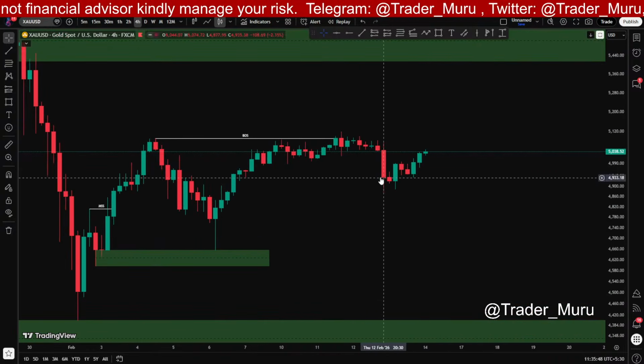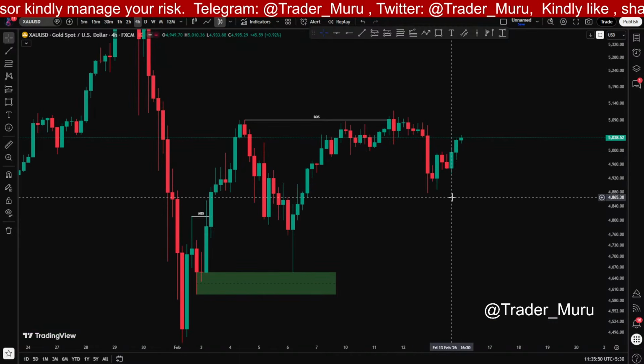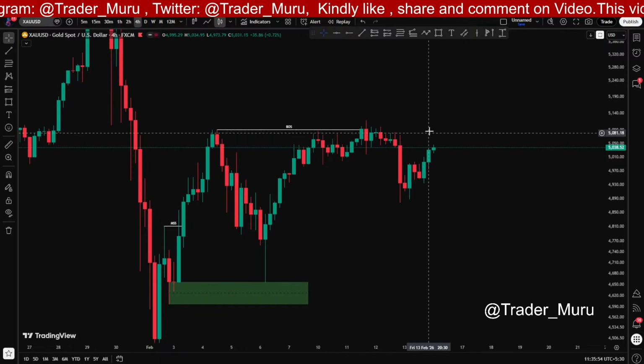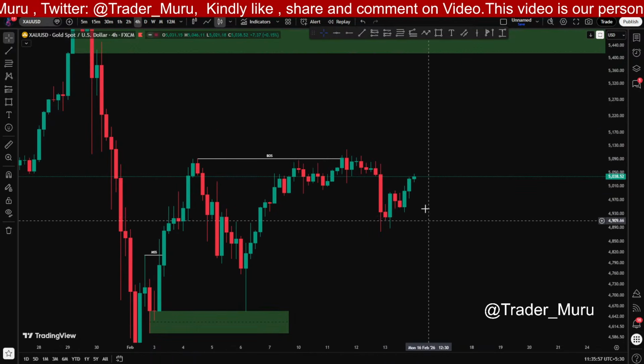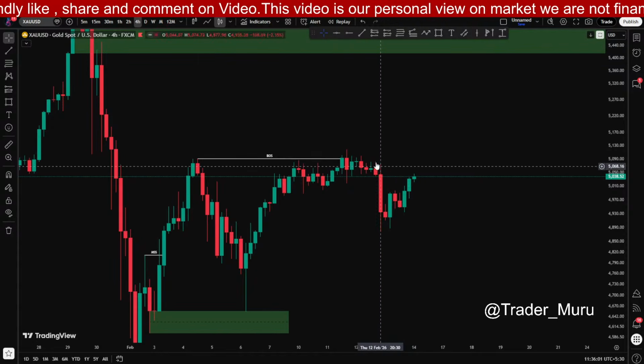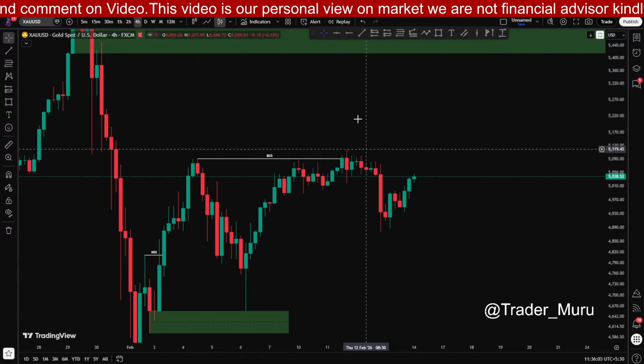So this is just a retracement going on, and in a retracement price is allowed to make 3 waves. So this is the first wave, second wave, and the third wave can happen. And the third wave most probably will be about the same length as the first wave.